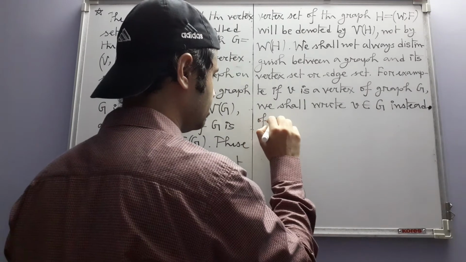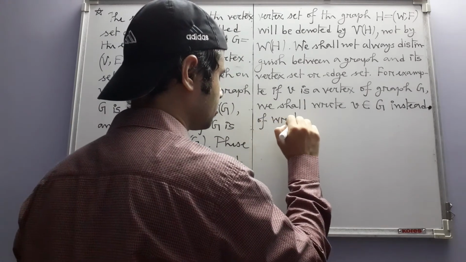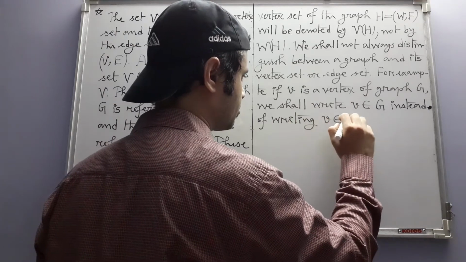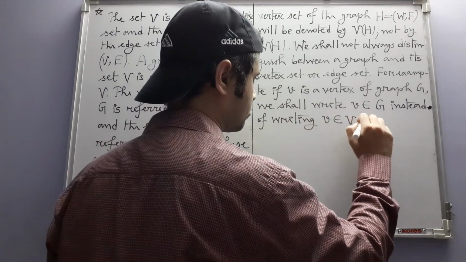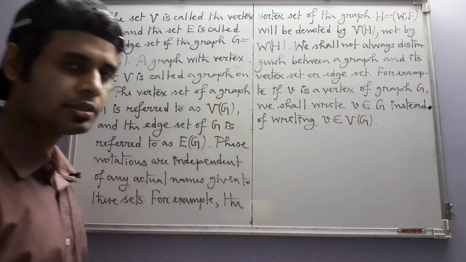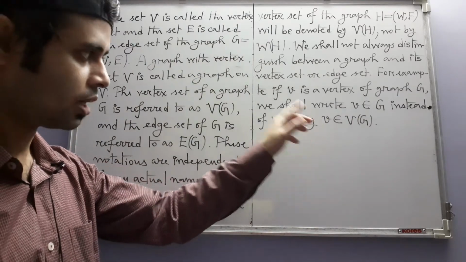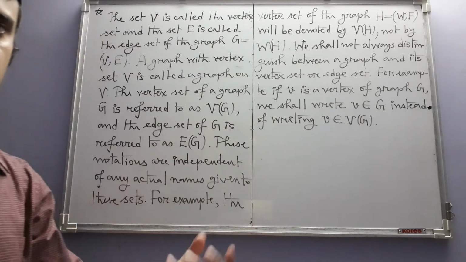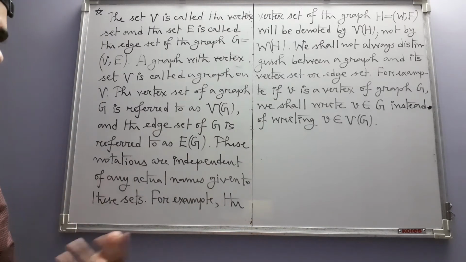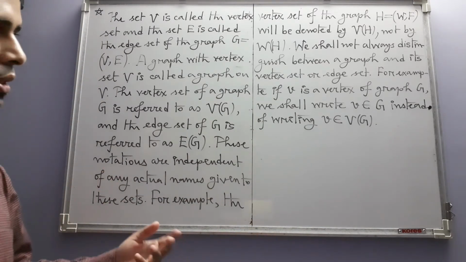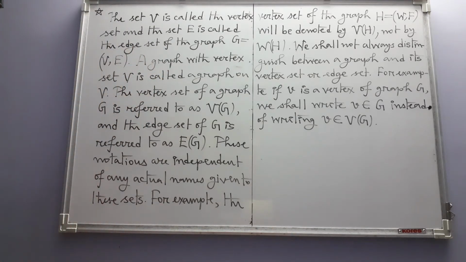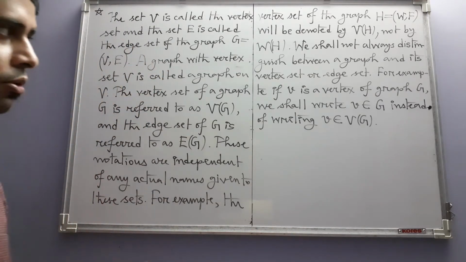Actually the correct notation is that we should write v belonging to V of G, but we shorten the notation because if we keep on writing everything, then the notations will become unwieldy. We won't be able to work with them conveniently.